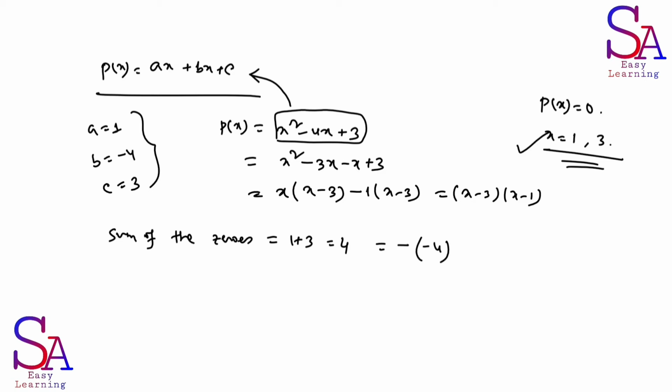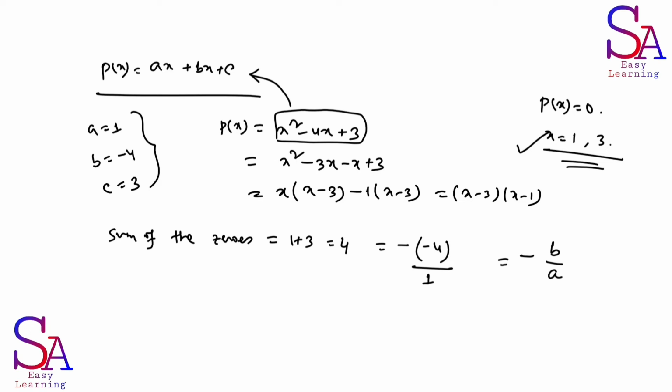What is minus 4? It is b. And we consider it divided by 1, that is minus b by a. Here a equal to 1, but if we consider another a, it is also satisfied.